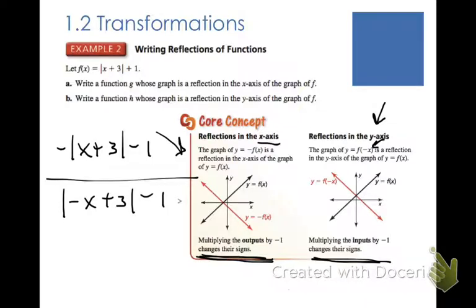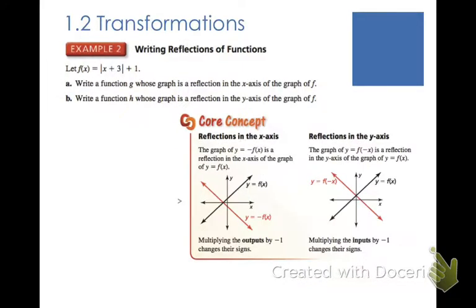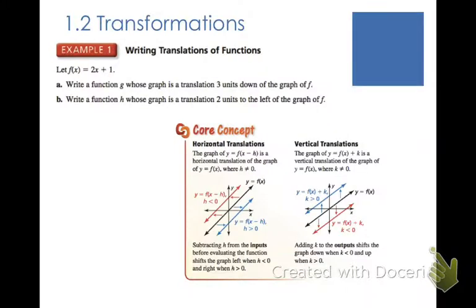Now also look, I'm going to back up to example 1, and let's go over on that page the core concepts for horizontal and vertical translations. So this is when the graph moves right or left or up or down. So for horizontal, we've got right or left, and then vertical, up or down.